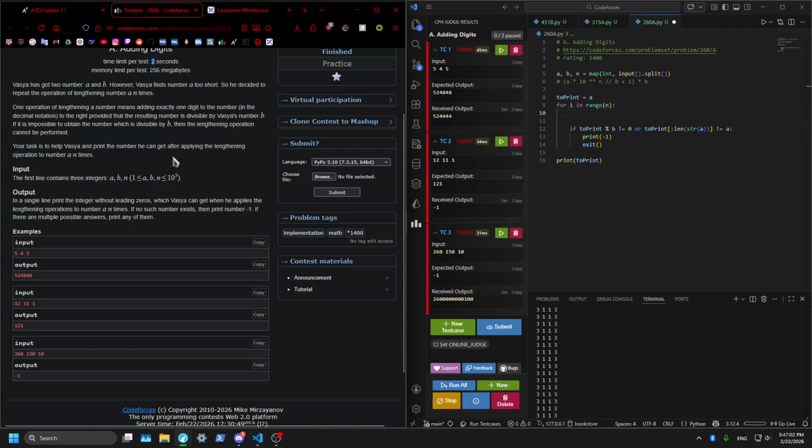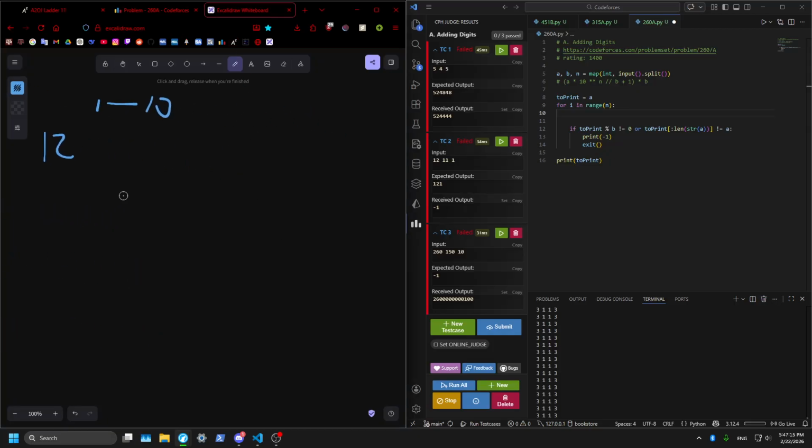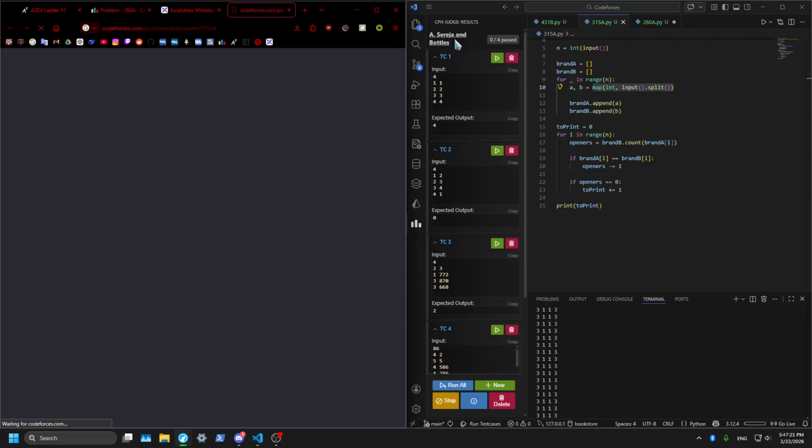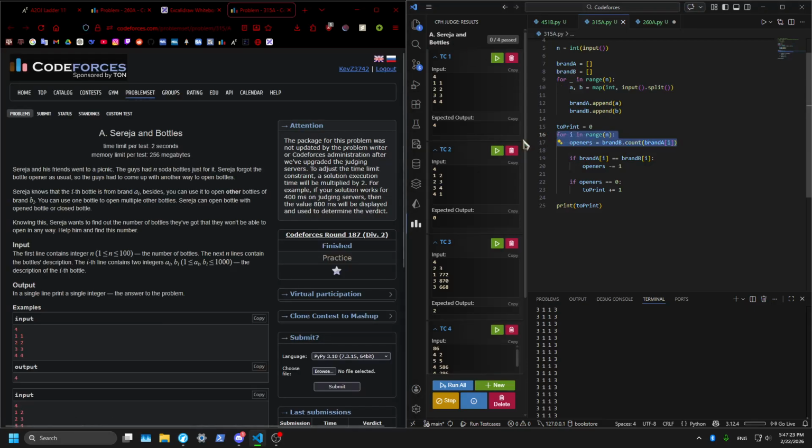Okay, what's the time limit? We get 2 seconds. 10 to the 5 cap. So I think we can get n squared time complexity. The last question was, like, this is n squared, 2 seconds. We only have to go up to 1,000.